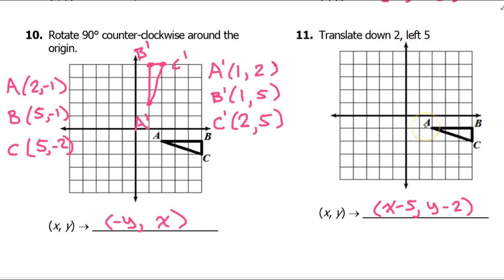So here I go, left 5 and down 2. Okay, that will be A prime. Okay, similarly, B prime will end up here, and C prime will end up here. Okay, so the whole triangle moved left 5 and down 2.